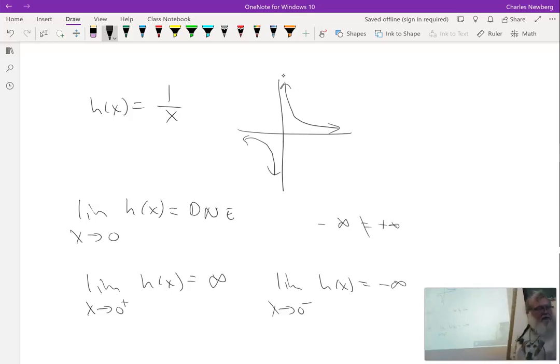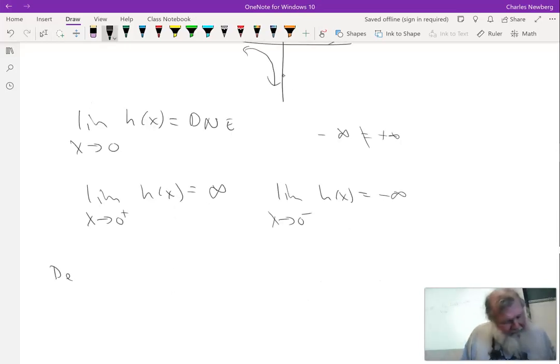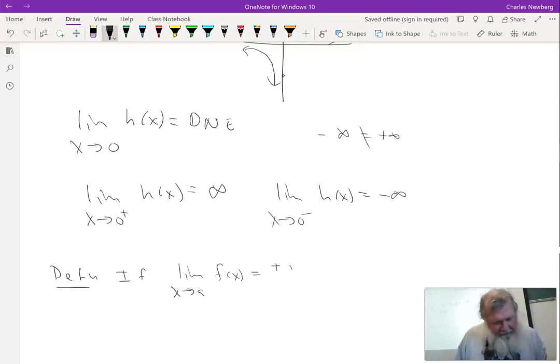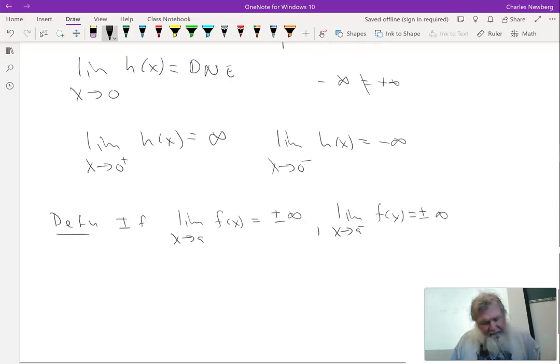Okay, so these are very informal definitions. Let's go ahead and put up another definition. This one is not informal. Definition. If the limit as x approaches a of f of x either equals positive infinity or minus infinity, or the limit as x approaches a from the negative side of f of x either equals positive infinity or minus infinity, or the limit as x approaches a from the positive side of f of x equals positive or minus infinity.